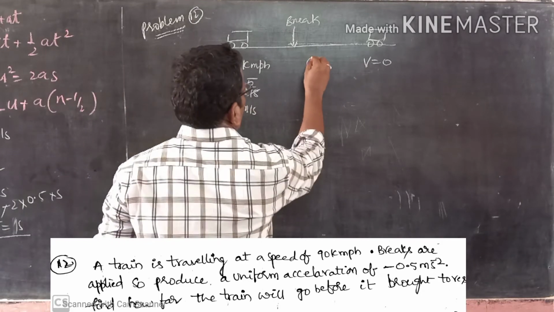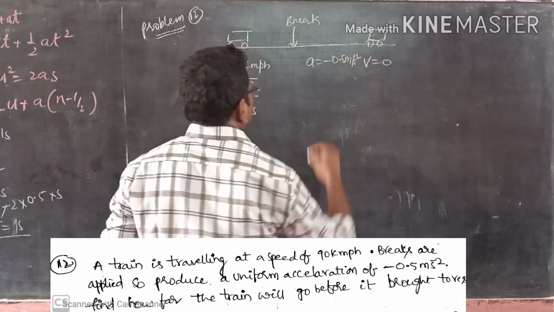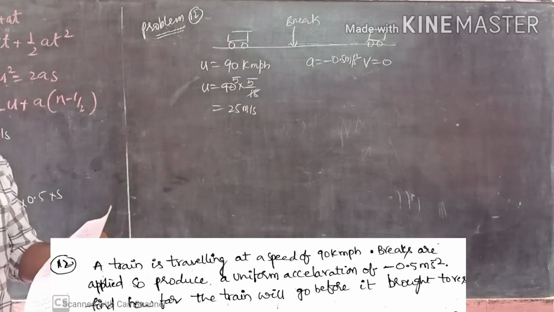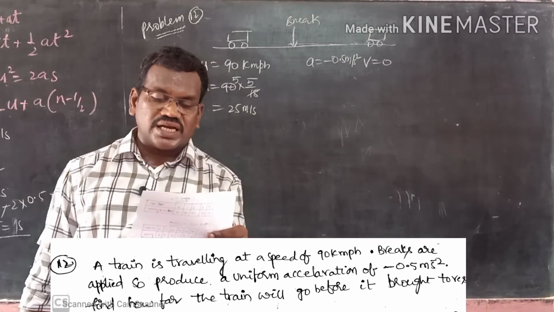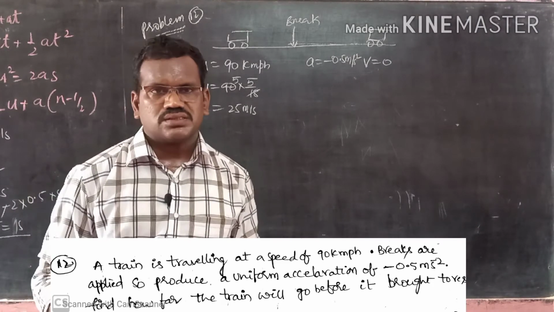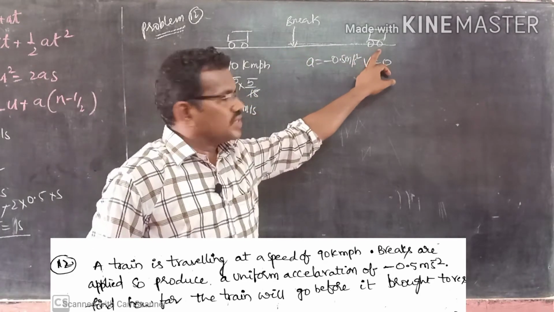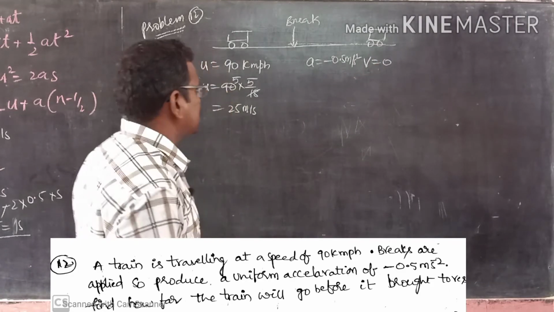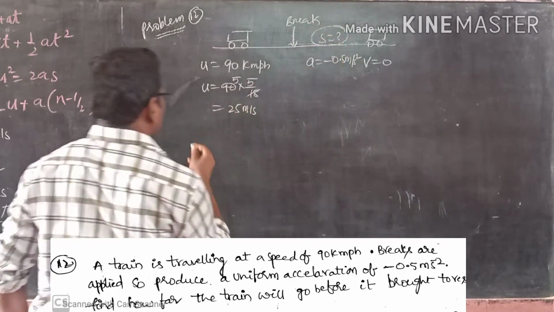So a is equal to minus 0.5 meter per second square. This is the given. Now the question is, how far will the train go before it is brought to rest? Means after applying the brakes, the train will come to rest. How much distance it will cover, that they are asking. Means s is equal to question mark.